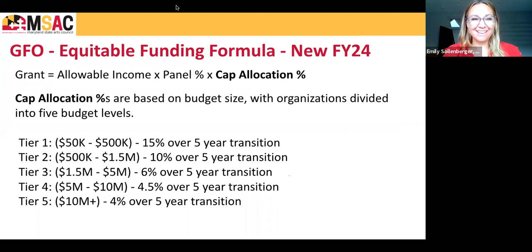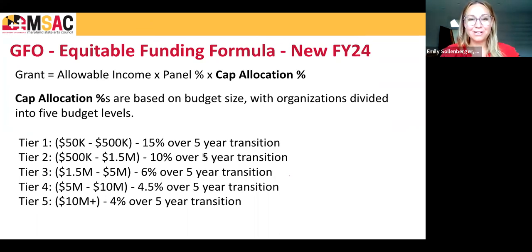Okay. And again, new this year, we're implementing this new equitable funding formula where the formula essentially will stay the same. What's changing is the cap allocation percentage. So while it is still based on the budget allocation, we are also adding another layer that is based on your budget size. So essentially, we will be having 5 different tiers.